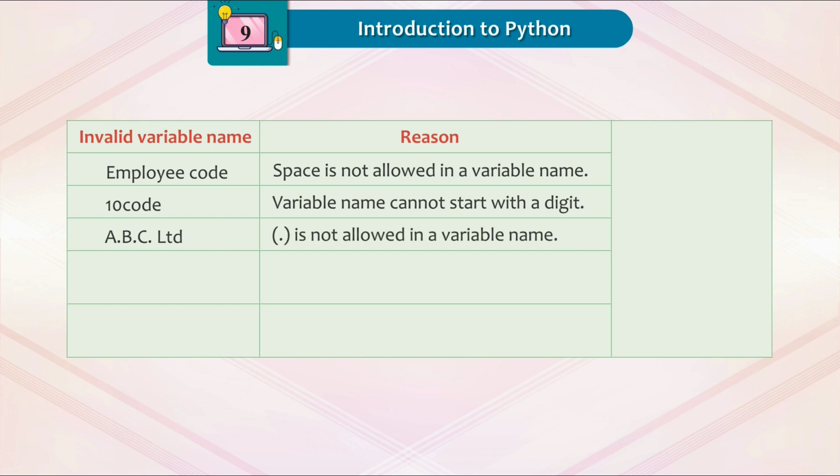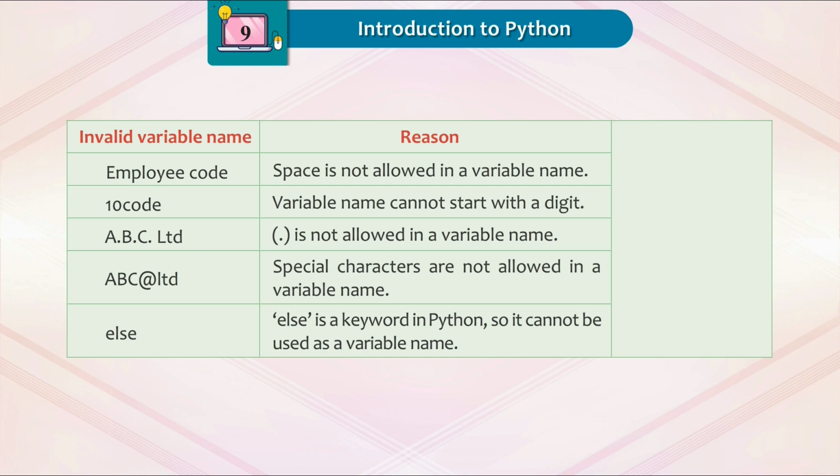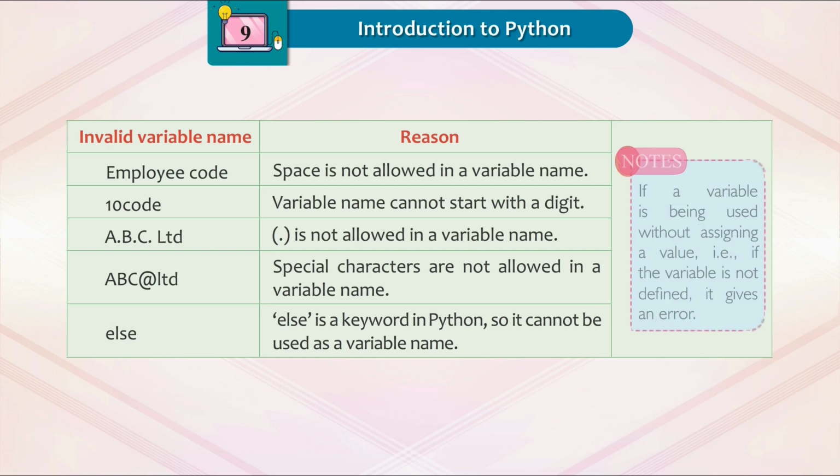A.B.C limited, dot is not allowed in a variable name. ABC@limited, special characters are not allowed in a variable name. else is a keyword in Python, so it cannot be used as a variable name.